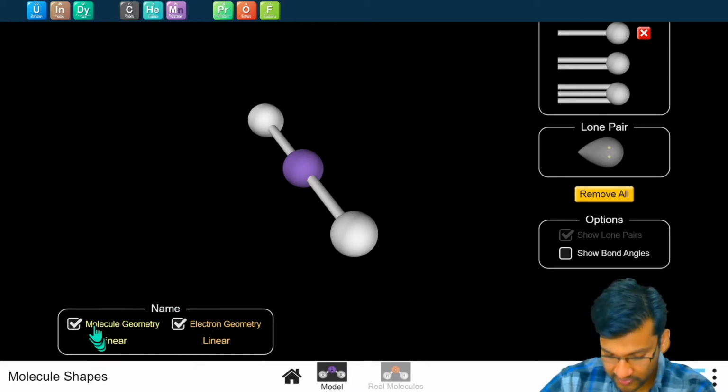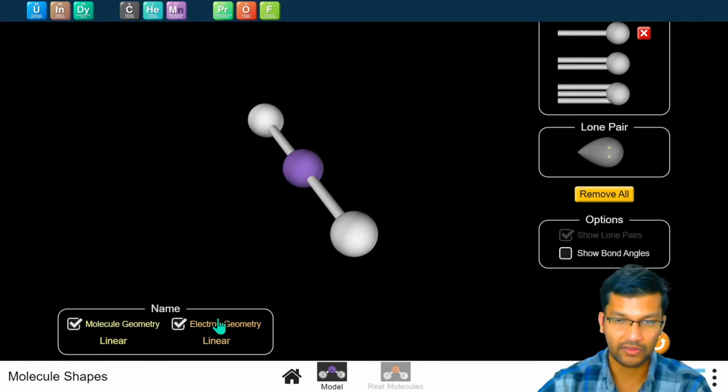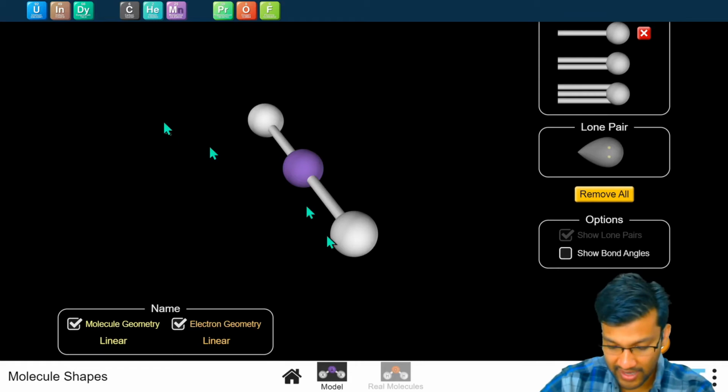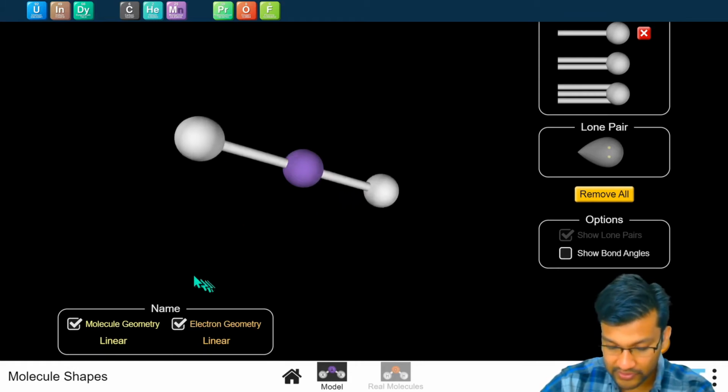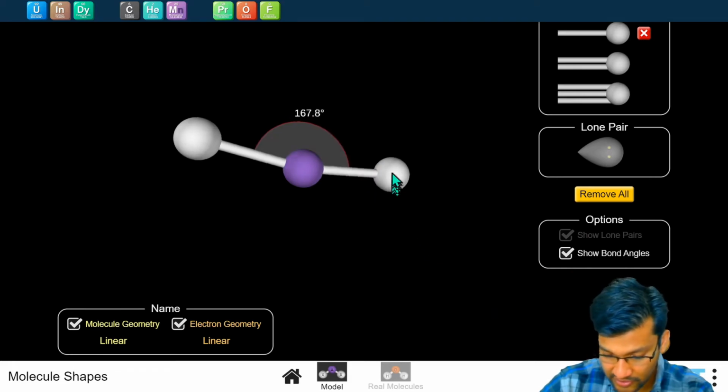The molecular geometry shows you the geometry for the bonds only, accounting for the lone pairs, but it's the geometry of the molecule. Whereas the electron geometry gives you the geometry around that central atom that includes the lone pairs. I would also click that to show the bond angles.